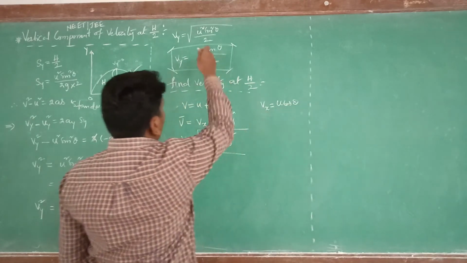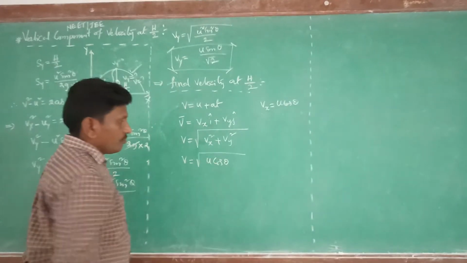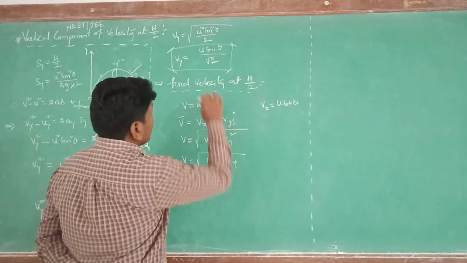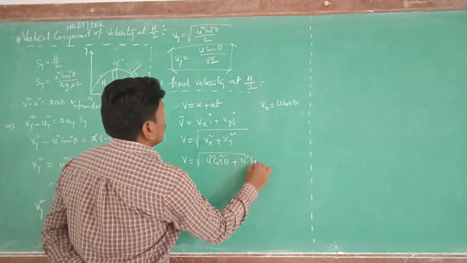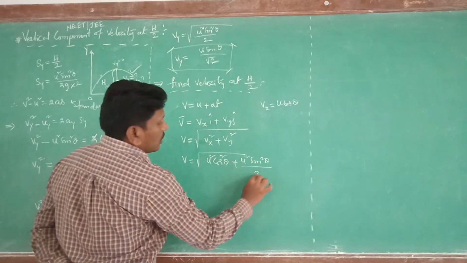And vy is already there. So v is equal to the square root of u cos theta whole square plus u sin theta by root 2 whole square.